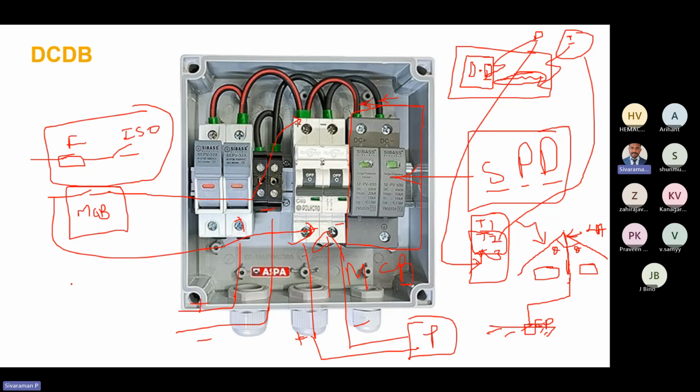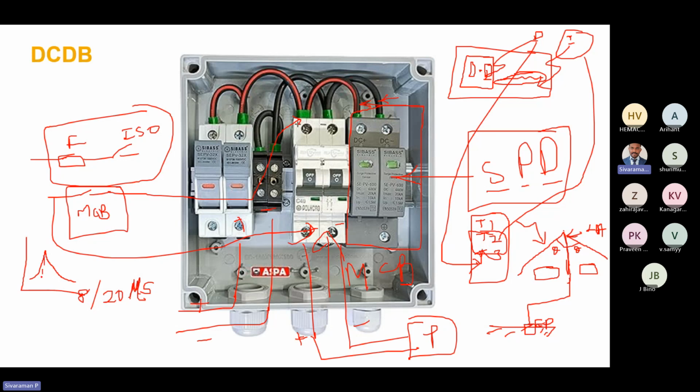That characteristics we normally call as 8/20 microseconds, sorry, not millisecond, microsecond. So what it means, if any lightning happens, this is the rise time and this will be the discharge time.